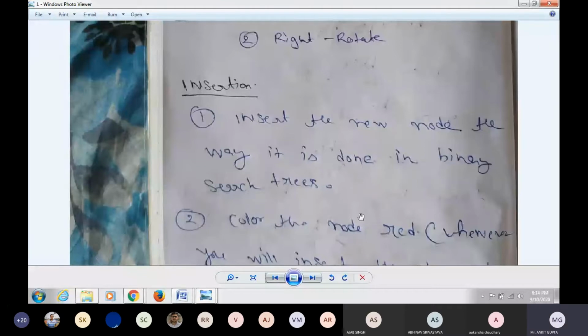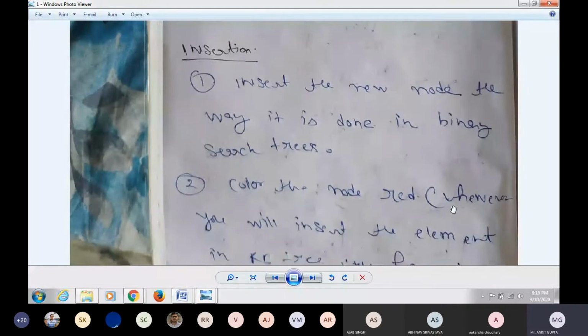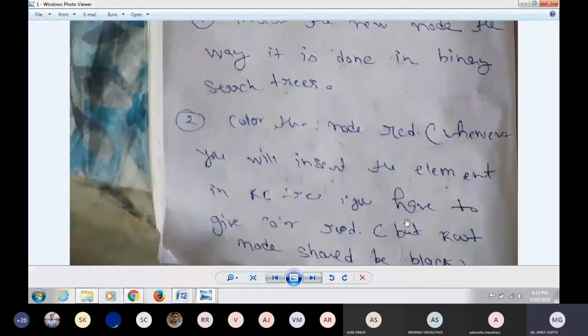Okay. And the very first node, that is the root node, should be black. After the root node, suppose I want to insert another node, it should be red in color. Color the node red whenever you insert an element in the red-black tree, but the root node should be black.